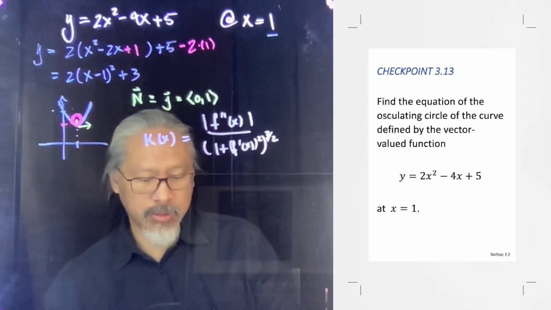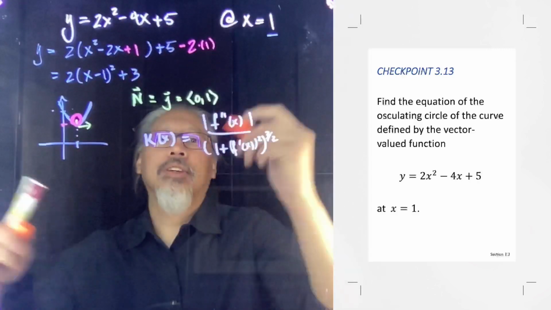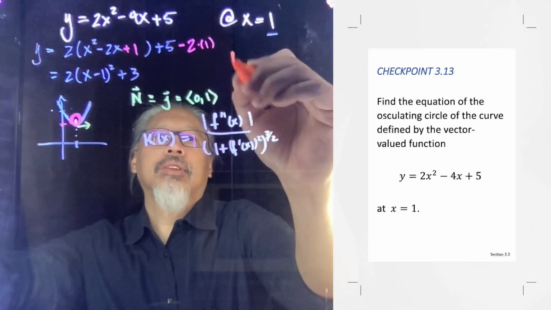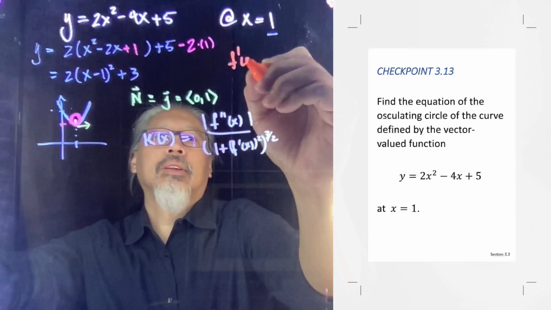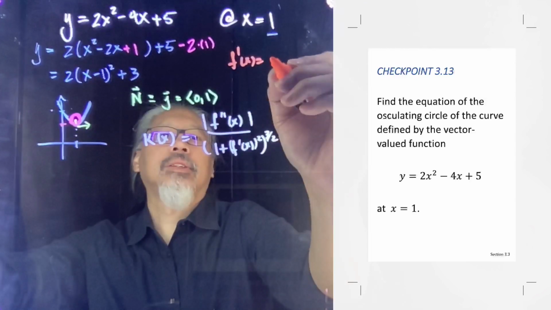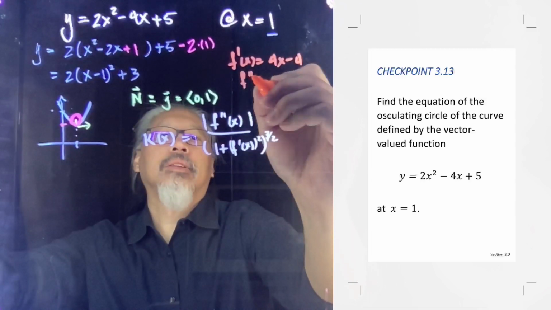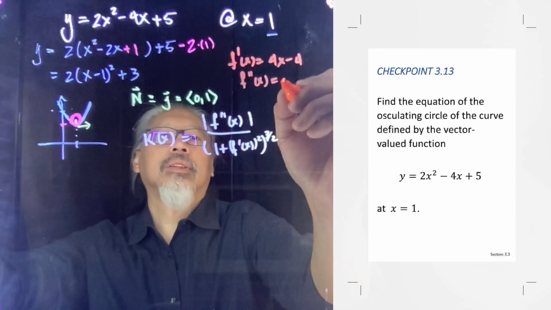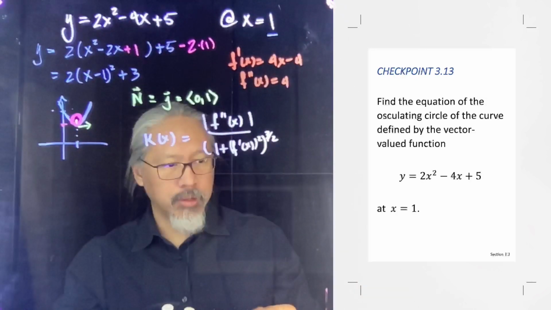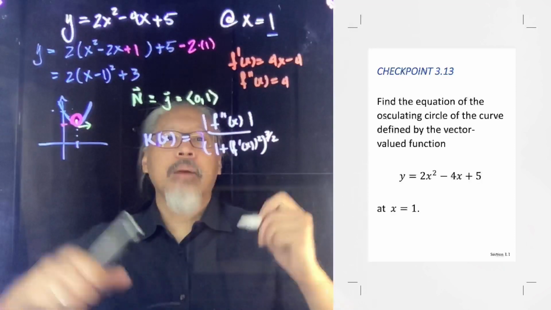Alright, we need some stuff from our original function. We need our first derivative, and that's going to give us 4x minus 4, and our second derivative is constant, 4.